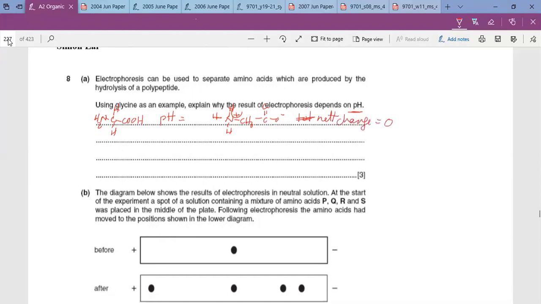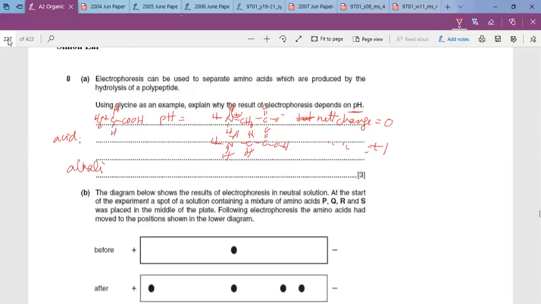Zero. In acidic solution, the acid will add a proton. The carboxylate is already filled, it's the base. So in acidic solution you get NH3+ and COOH. So the net charge is how much? Positive 1.